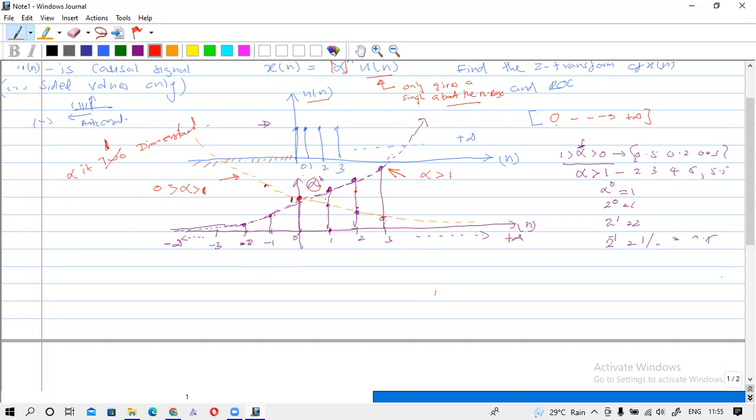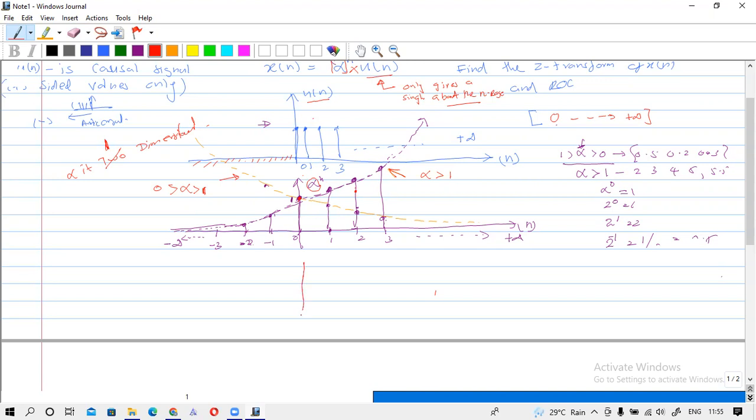So here, what happened? Here you can see that these two signals are multiplied together, no? Alpha n and un multiplied together. So what happens if I multiply un by alpha n?